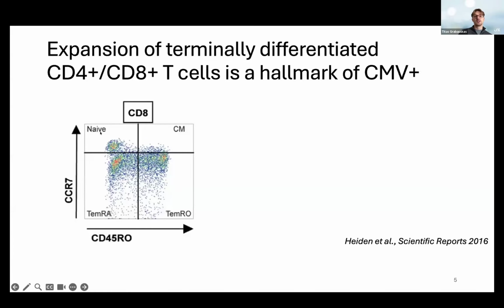Here are the naive T cells, and once these naive T cells become exposed to an antigen, they become activated and start proliferating and differentiating into central memory cells, into effector memory cells, and ultimately with this continuous stimulation, they will become CCR7 negative, CD45RA positive, termed terminal effector or terminally differentiated CD8 T cells.